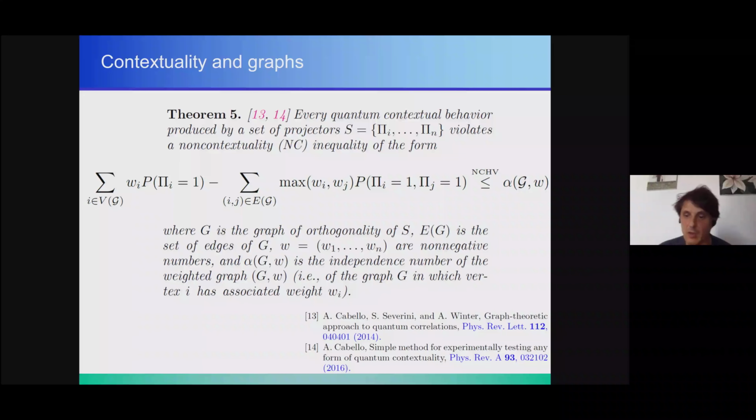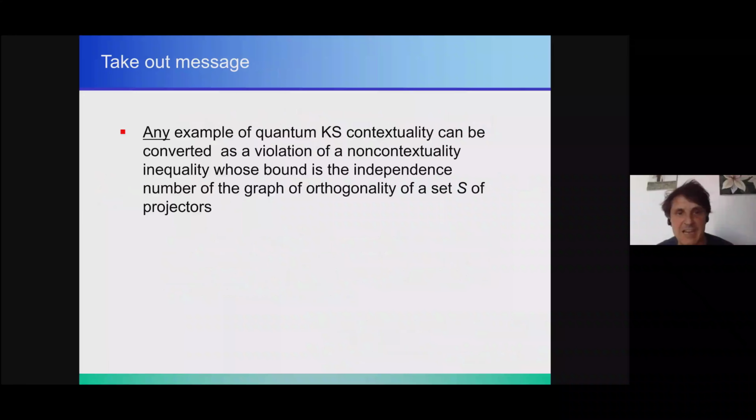So the take-away message is that any example of quantum Kochen-Specker contextuality you can imagine can always be converted into a violation of a non-contextuality inequality whose bound is the independence number of the graph of orthogonality of a set S of projectors.